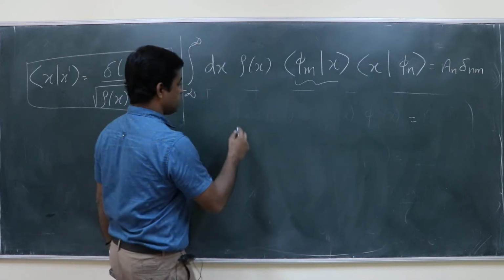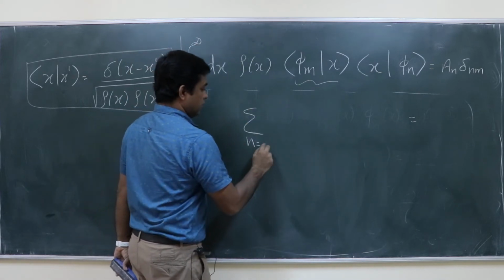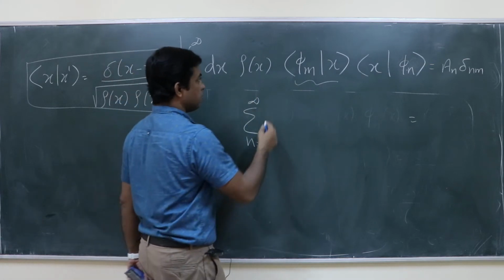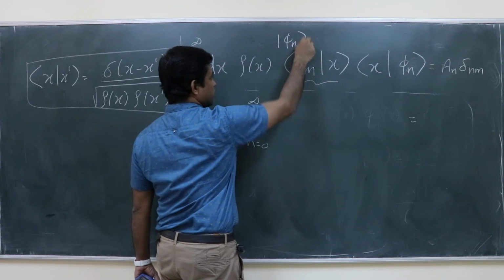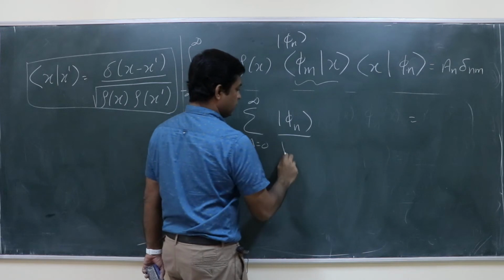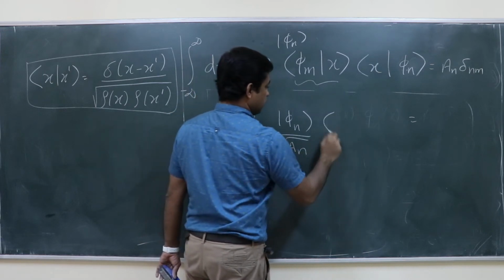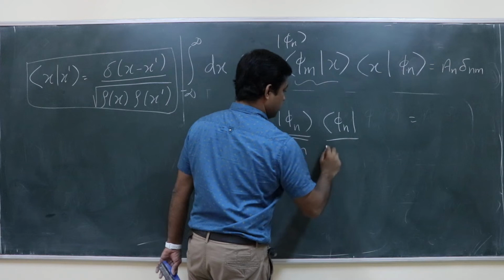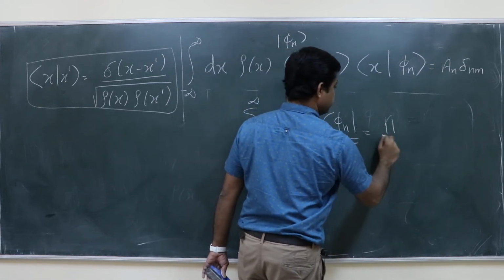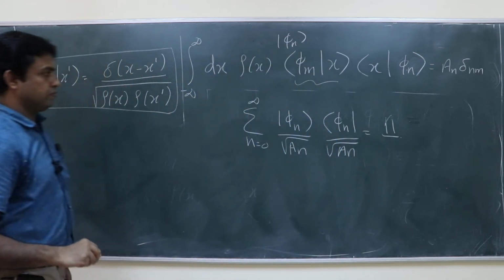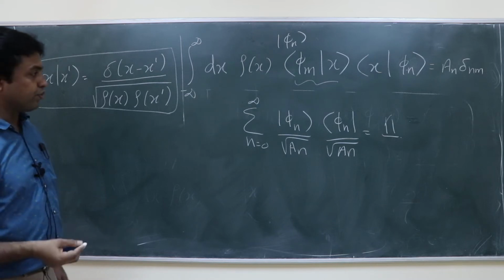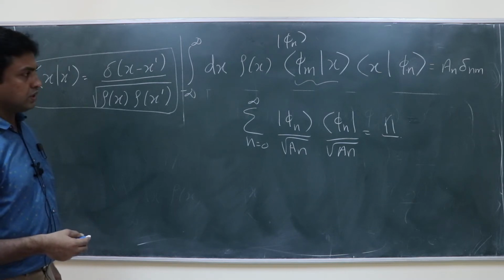So now we have the completeness relation, for the ket phi n which we have written earlier: ket phi n divided by root a n, bra phi n divided by root a n, summed, is equal to identity. Now I want all of you to do one small calculation.